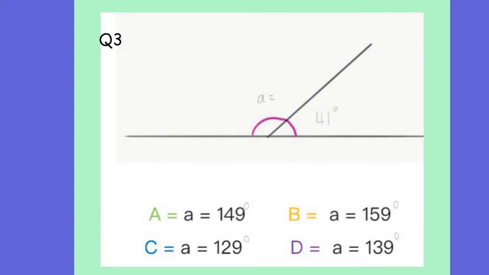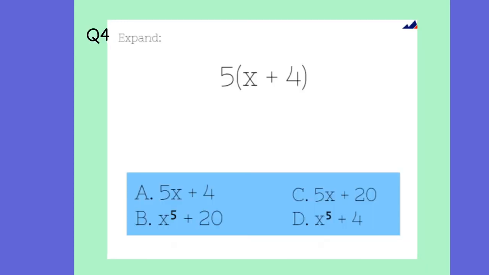Okay then. Can you find this missing angle A? You've been given this angle, you've been told this angle here is 41 degrees. What is A? Pause the video, have a little think. Question number 4, can you expand this bracket for me?